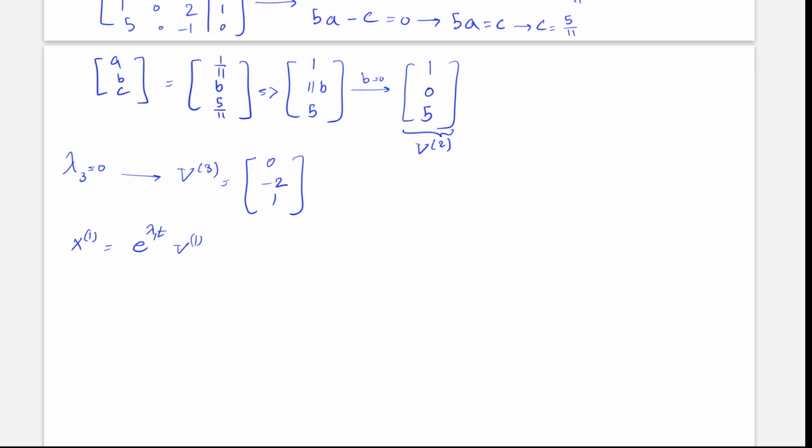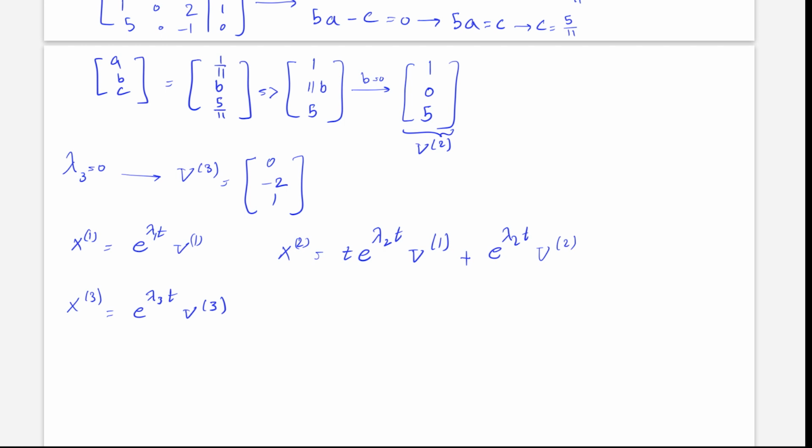Okay. x2, sorry, I need to write it here. x2 will be in the form of t times e to the lambda 2 t v1 plus e to the lambda 2 t v2. And x3 will be in the form of, which is not a repeated eigenvalue, so it will be the same as x1. Okay.